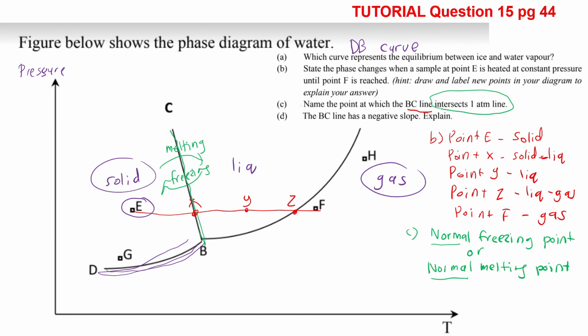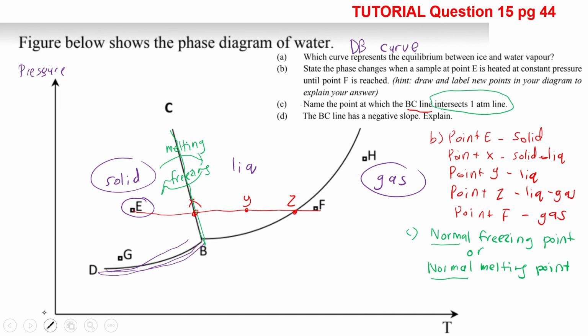Okay, last question. BC line has negative slope. Okay, yang ini. BC line antara solid dengan liquid ni negative slope, meaning condong ke kiri. Okay, why? Explain. Okay, so ini because of density. Kita dah explain last time.